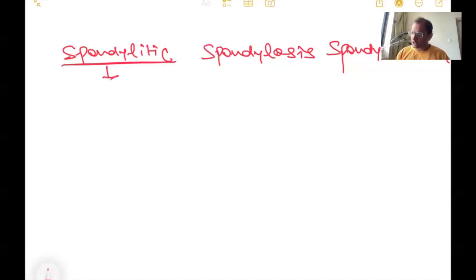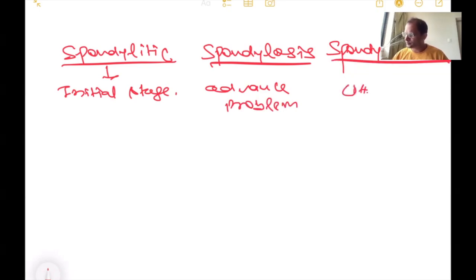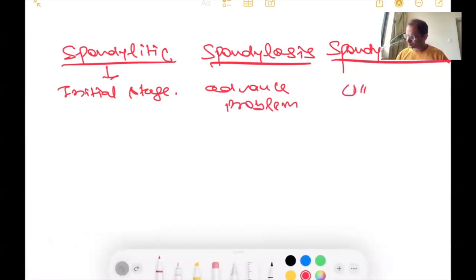So this is the initial stage, initial condition, initial problem. This is a little advanced problem. And this is, we can tell, more advanced.